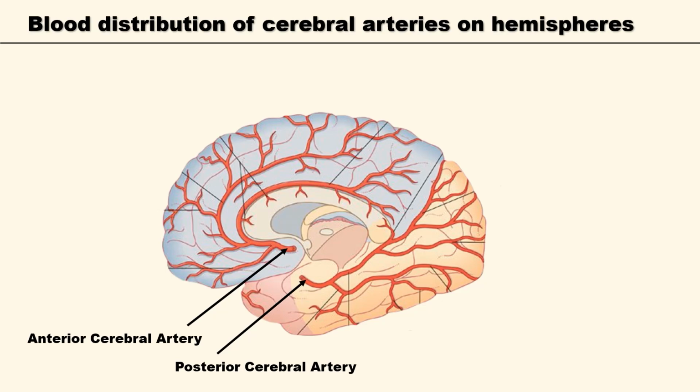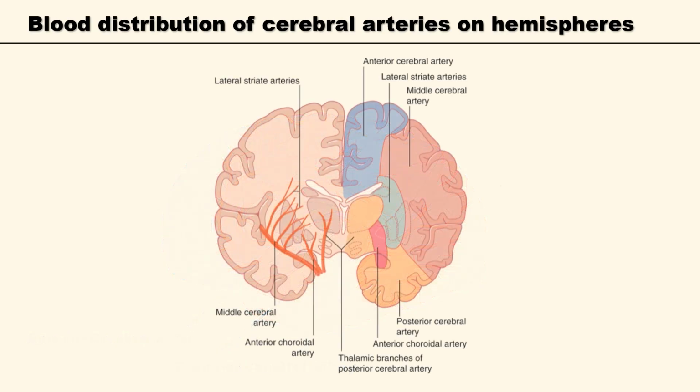The PCA is going to supply the occipital lobe, so we could expect visual deficits or loss of the ability to interpret images if this vessel is occluded. And finally, we could see a coronal perspective of the same arteries and regions of the diencephalon that might also be affected, including our coordination and voluntary movement and memories.